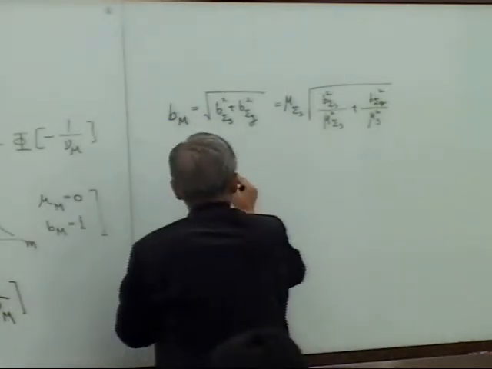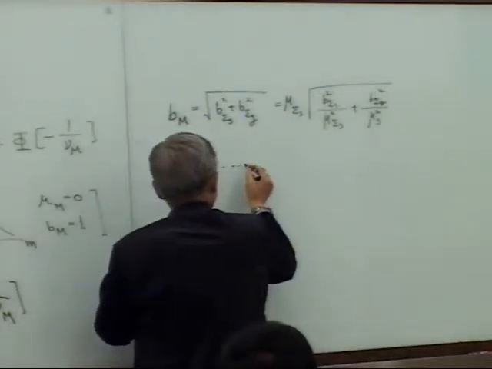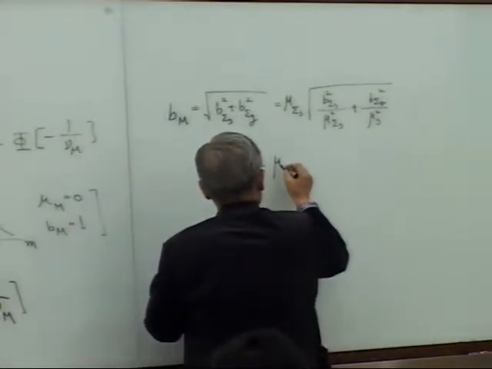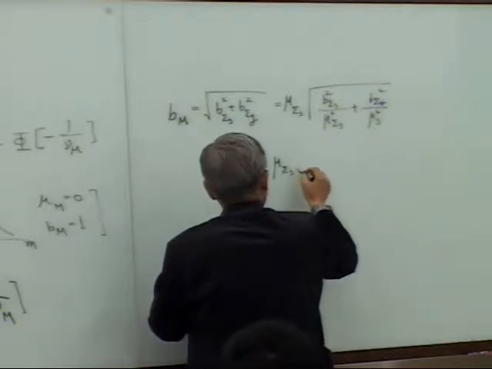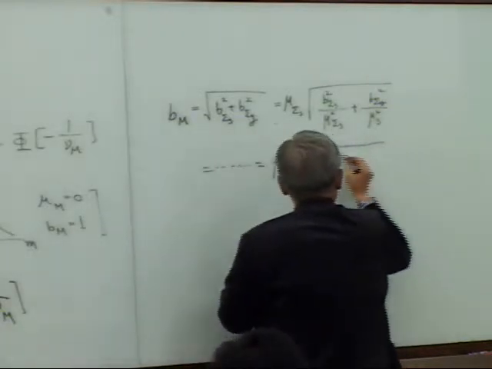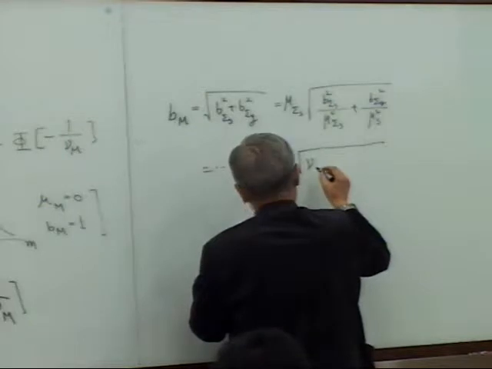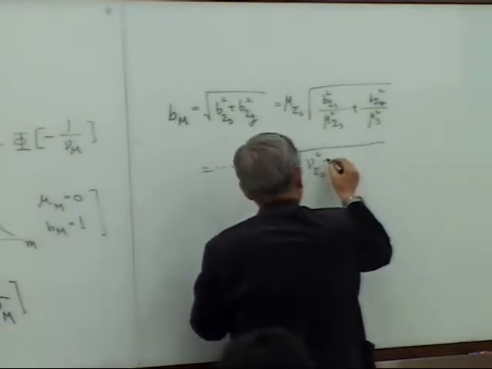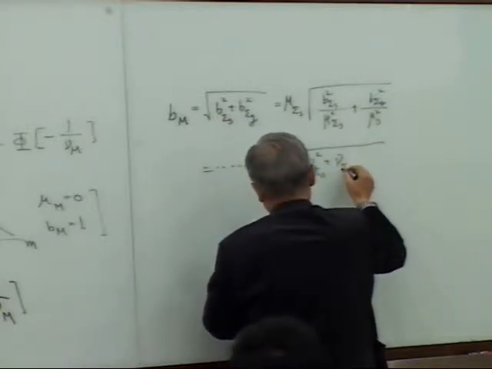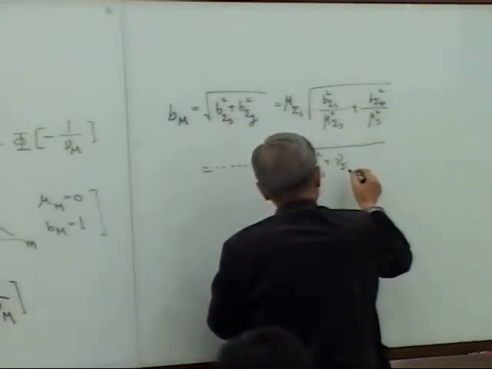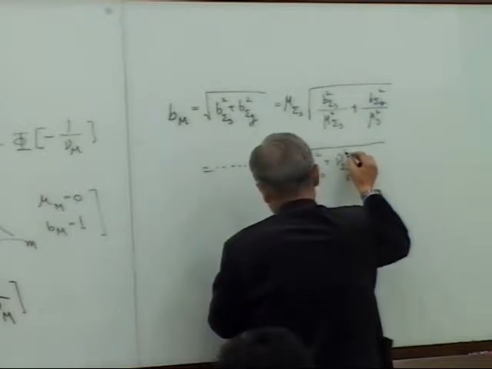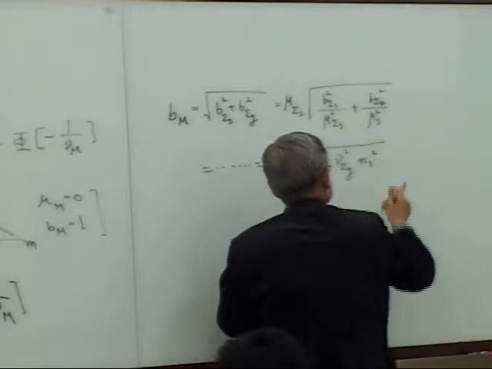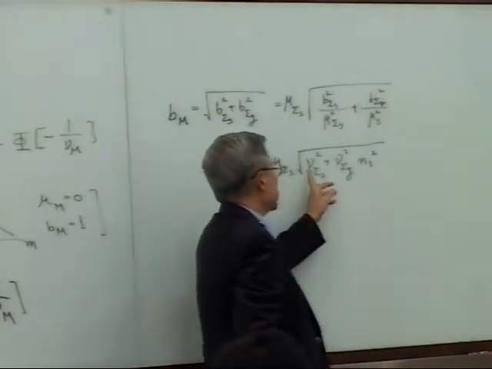Then you can just do the massage through. Then you can get the result like mu sigma S, mu sigma S square plus mu sigma Y square and N1 square.